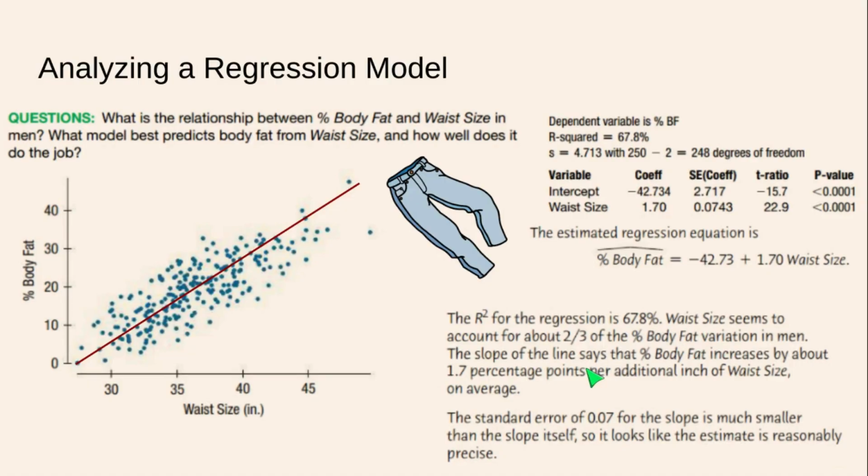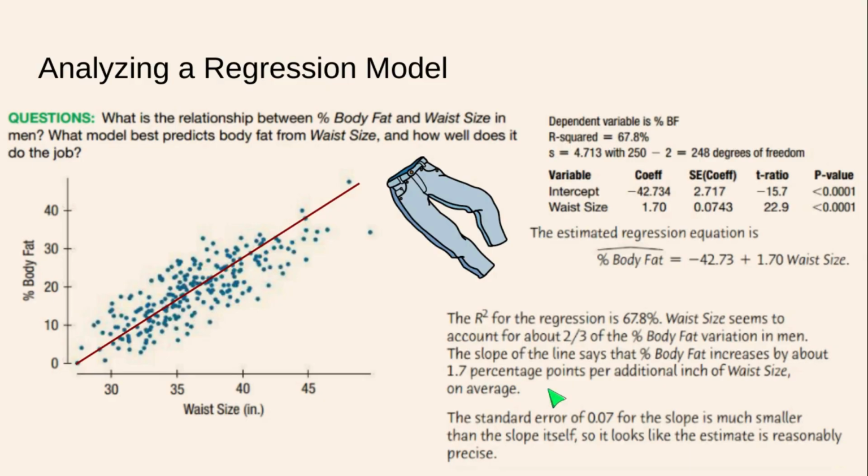The slope of the line says that the percent body fat increases by about 1.7 percentage points for each additional inch of waist size on average, right? That's just a statement about the slope. That's useful when we talk about the standard error of the slope, 0.07, and that is a significantly smaller number than the slope itself.